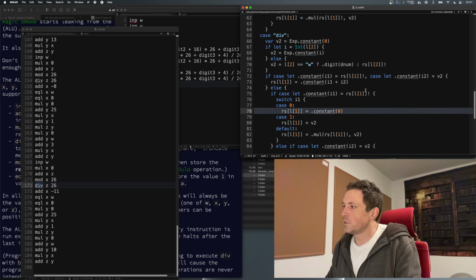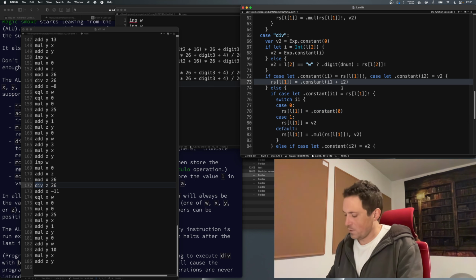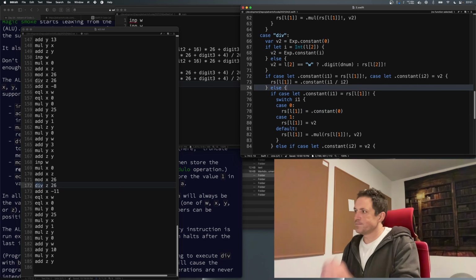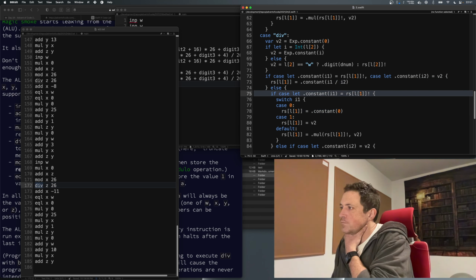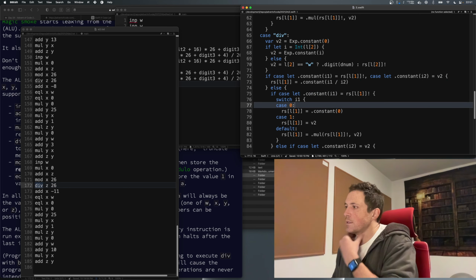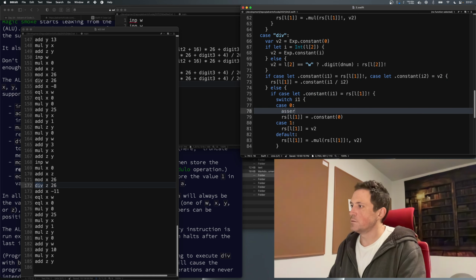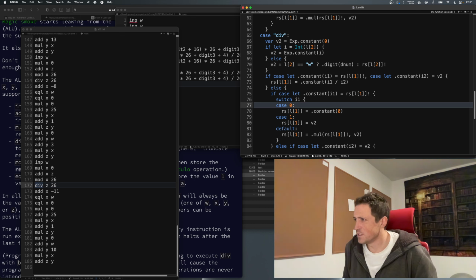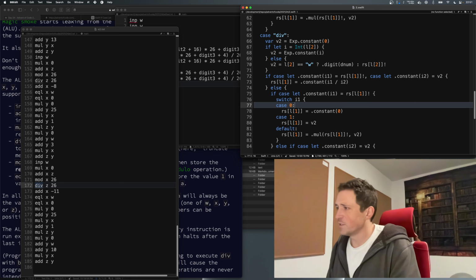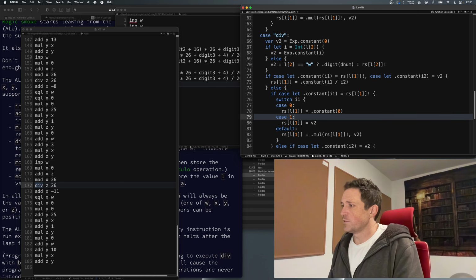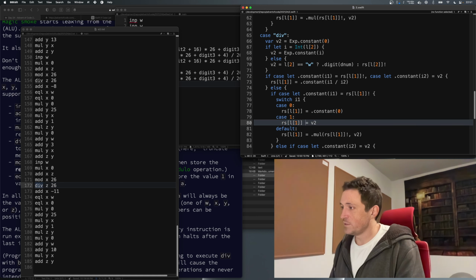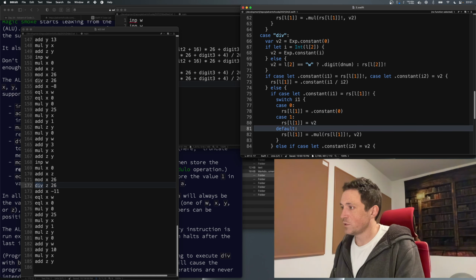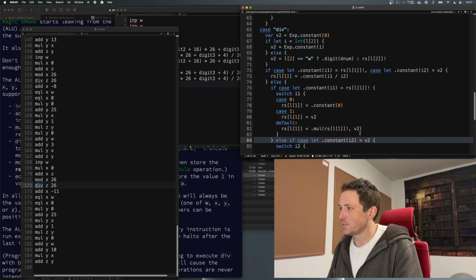So, they're both constants. We divide them. Case 0. No, that's 0. So if the first one is 0, then yes, we get a constant of 0. If the first one is 1, we get v2. Oh yeah, so it all works out just as well for the first case.